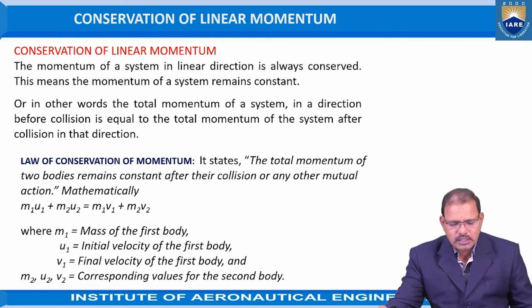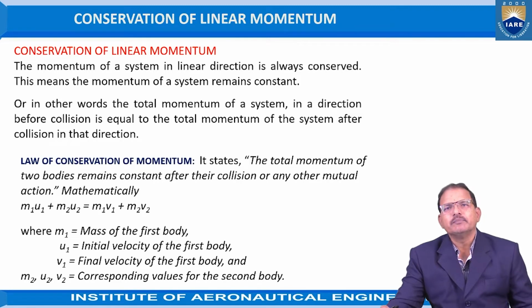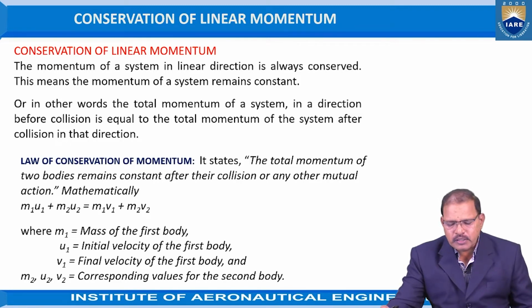Conservation of linear momentum. Linear momentum means the body is moving in a single direction, say the x direction. Then the momentum possessed by the body is treated as linear momentum. The momentum of a system in a linear direction is always conserved. That means the momentum possessed by the body is always constant.